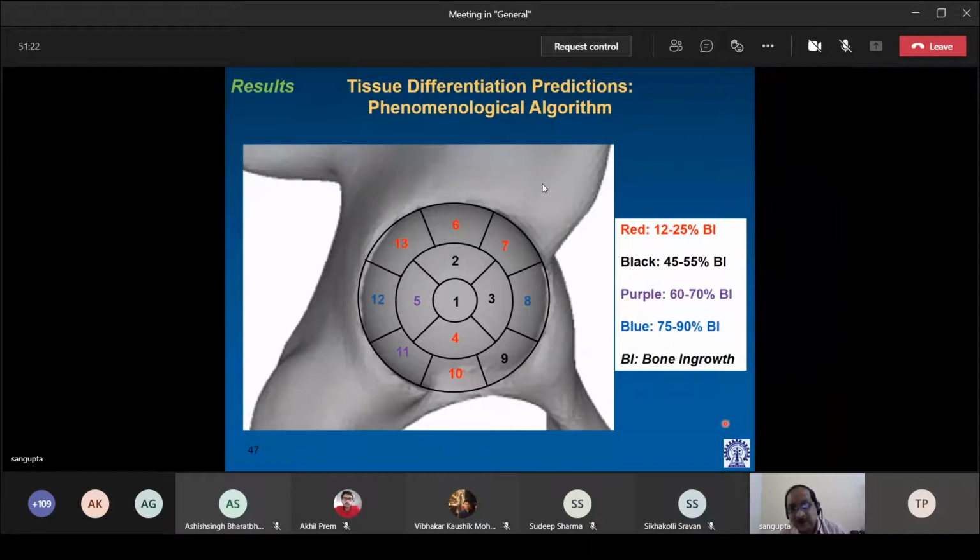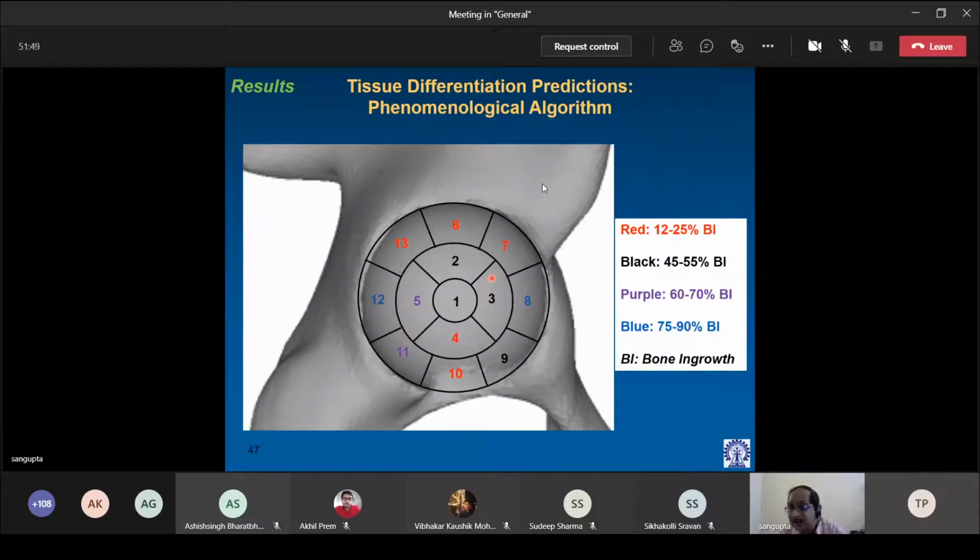Now, as I told you, there are 13 regions. You can see the acetabulum being divided into 13 regions, just to take care of variation of bone material property at different locations, and variation of implant-bone relative displacement at these 13 locations.